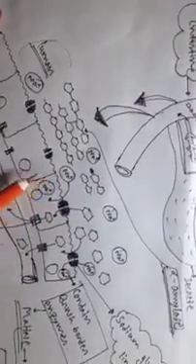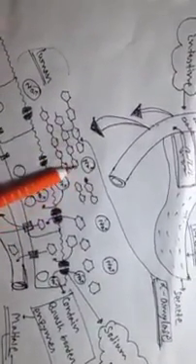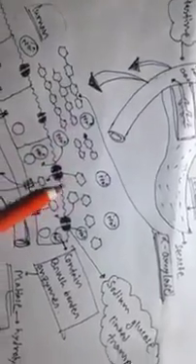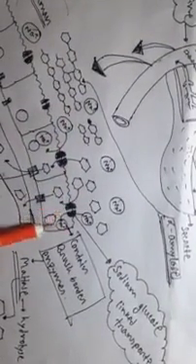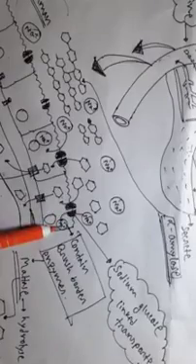When food comes into the lumen of the small intestine, the enterocytes contain some brush border enzymes like maltase and sucrase. Maltase hydrolyzes maltose. Maltose is two glucose molecules, and maltase hydrolyzes the maltose and converts it into two glucose molecules.